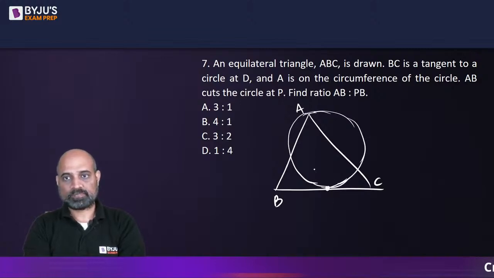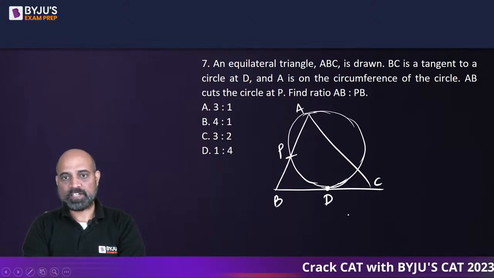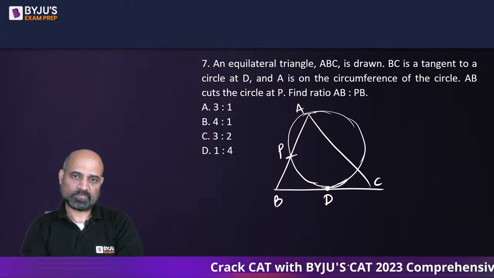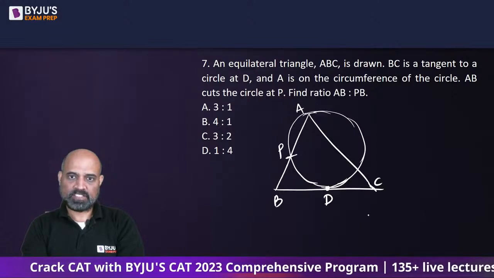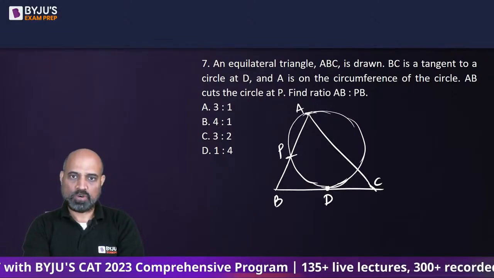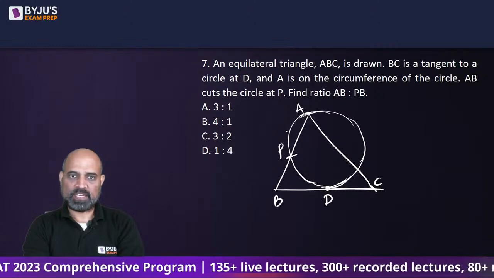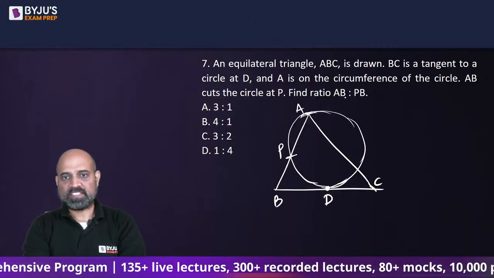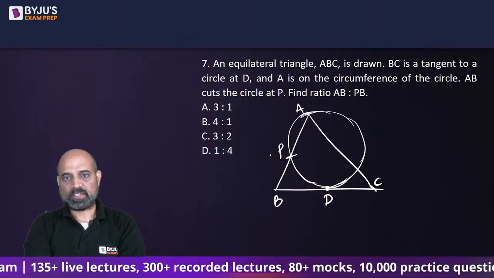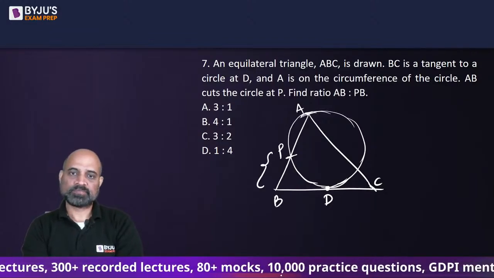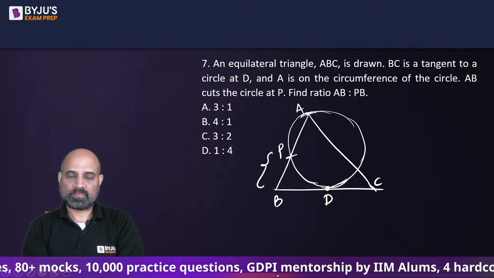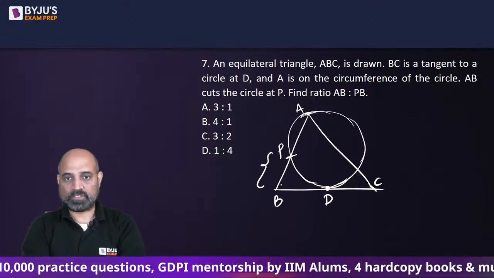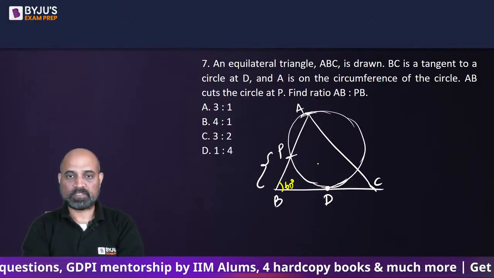Okay. AB cuts the circle at P, and this is point D. Such that BC is a tangent to the circle at D and A is on the circumference and AB cuts the circle at P. Find the ratio AB and PB, as in we need to find this part. And this is an equilateral triangle, so this might make things better.